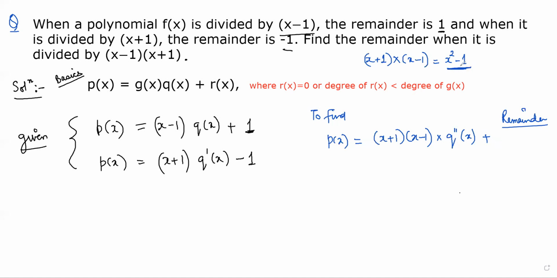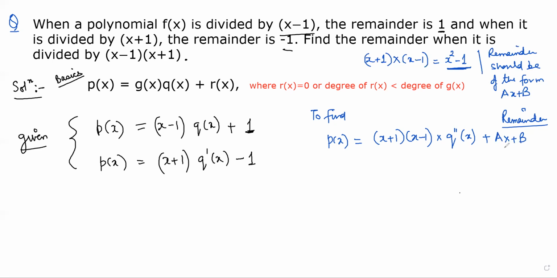The answer is 2. So our remainder should be of the form ax plus b.